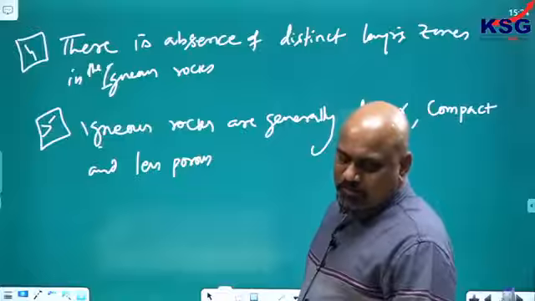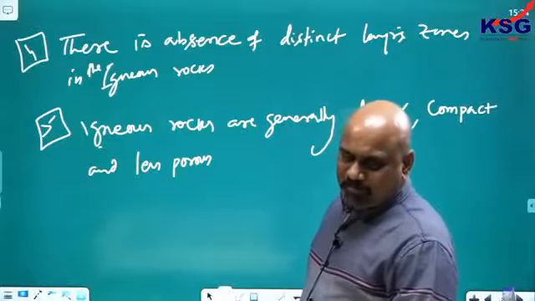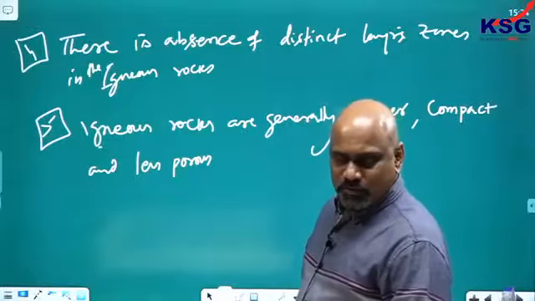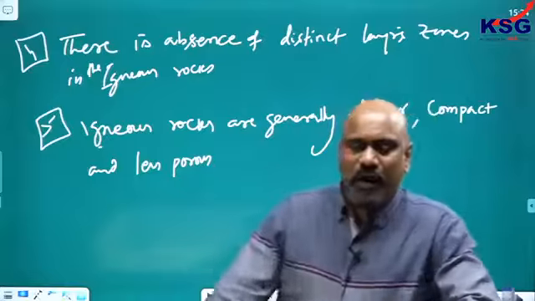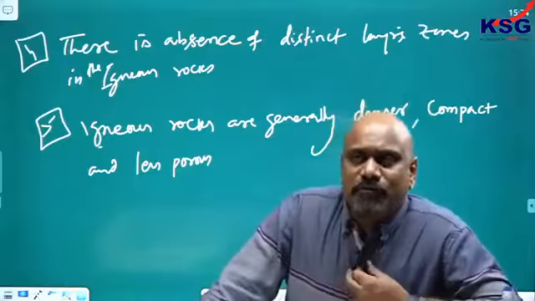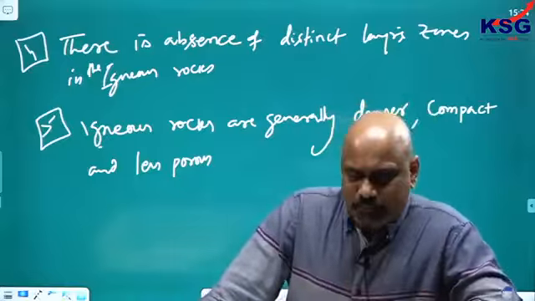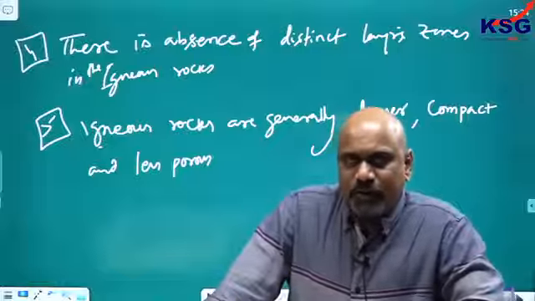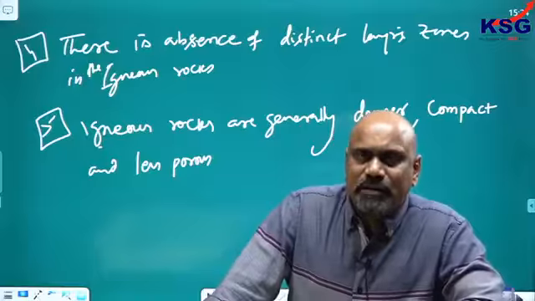Hey, biological weathering is one type of physical weathering and chemical weathering both? How will it be? No, not at all. Biological weathering is because of the action of flora and fauna. Okay, mechanical action is there and so many things.